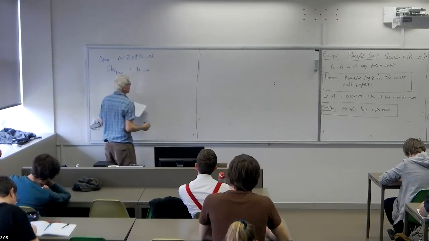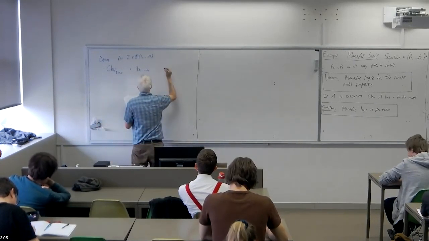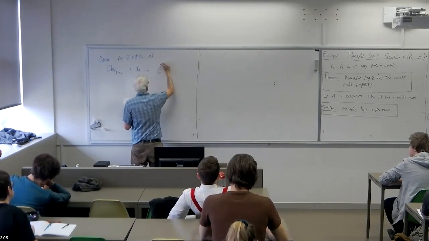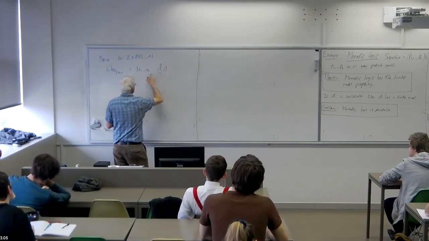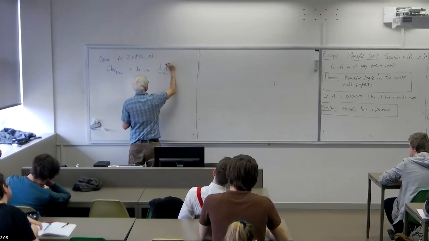So we can easily do this using a kind of modification of our cardinality sentences. Our cardinality sentences were saying that there exist x1 to xn, which are all distinct.